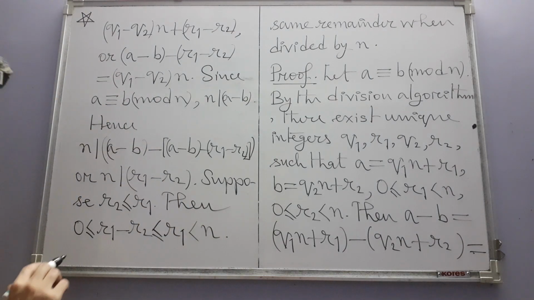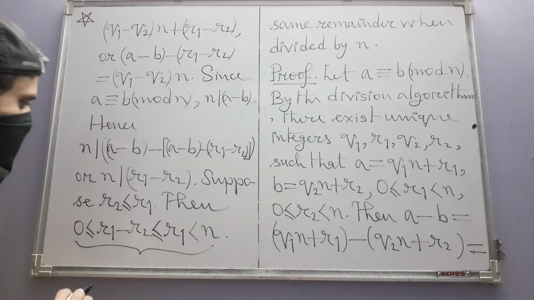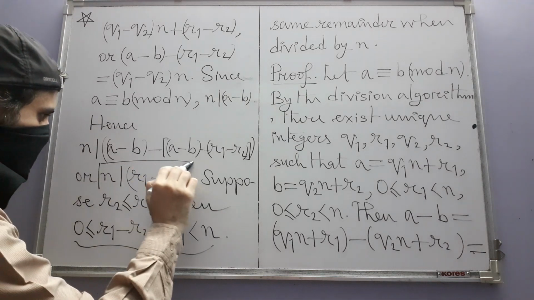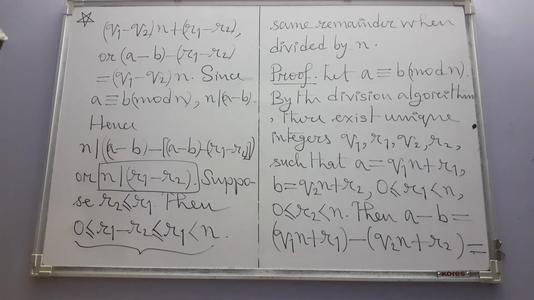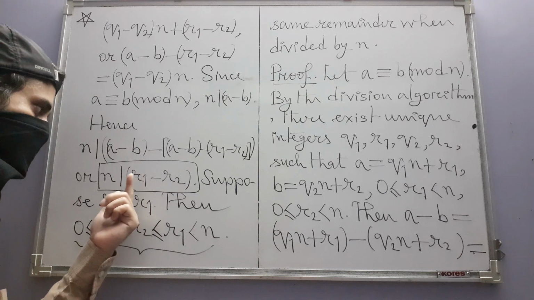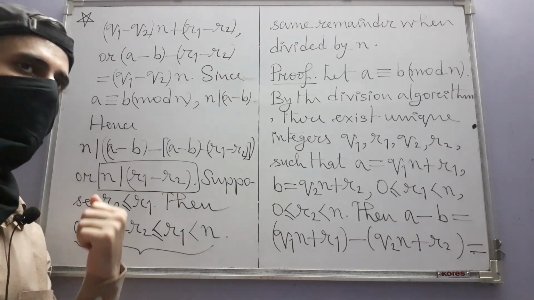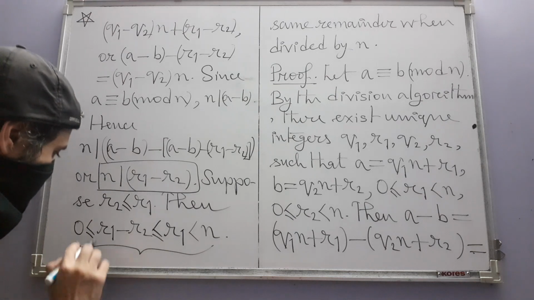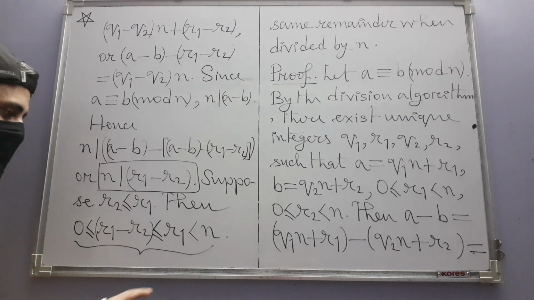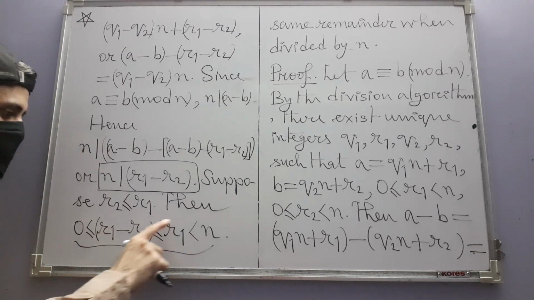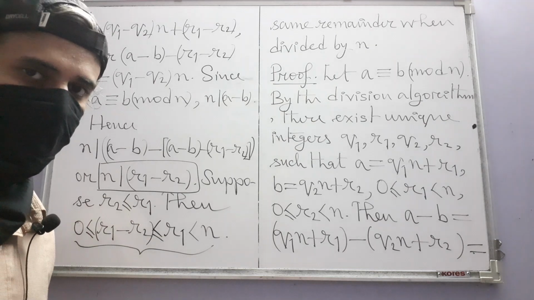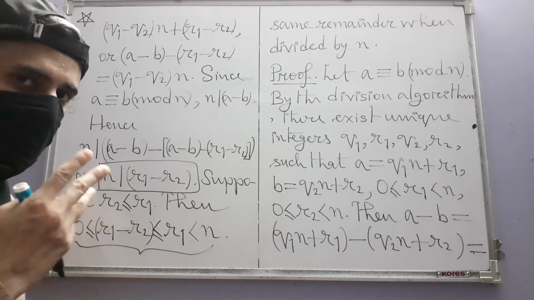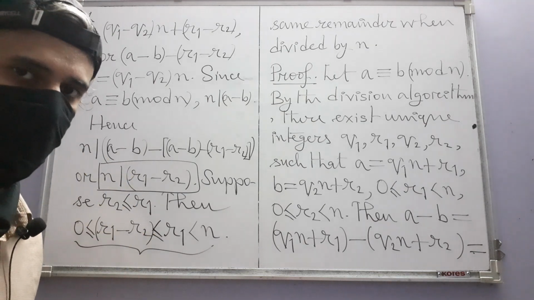Okay, now you look at these inequalities and this divisibility relation. This relation says that R1 minus R2 is a multiple of n. These inequalities say that R1 minus R2 is non-negative but less than n. Now, let's imagine the non-negative multiples of n.